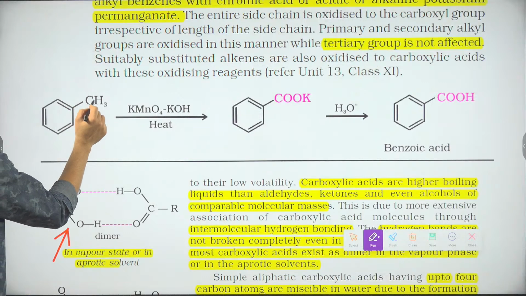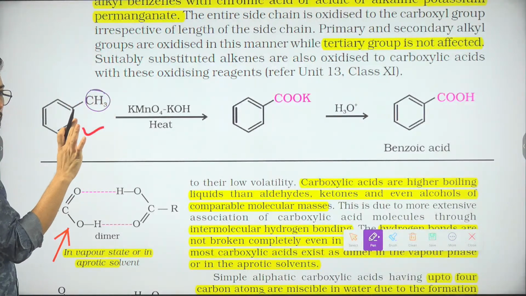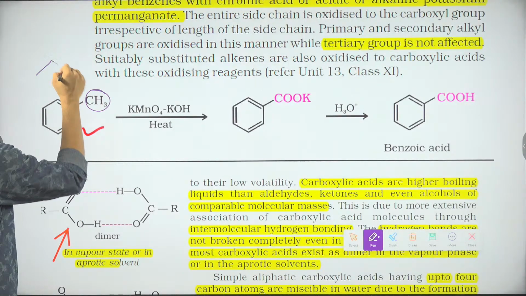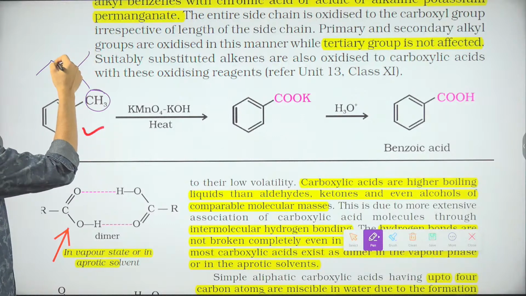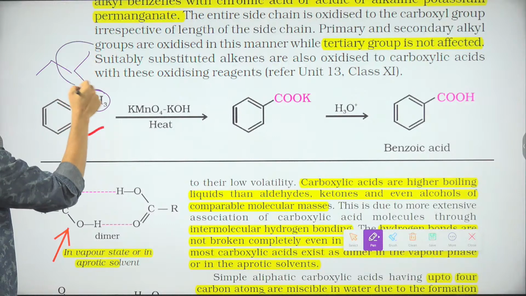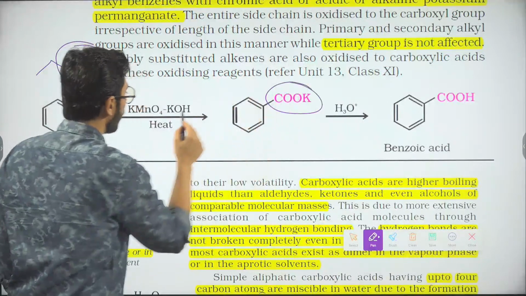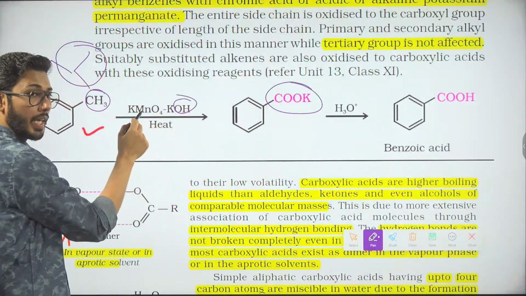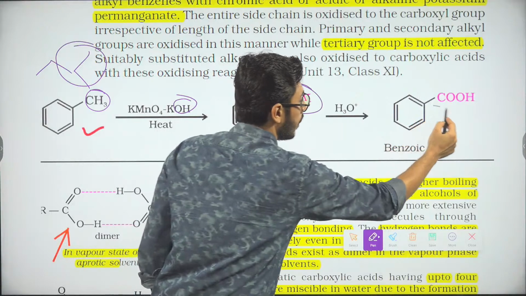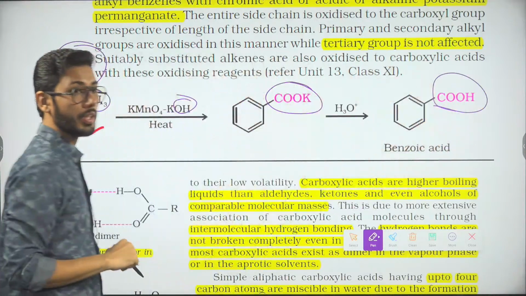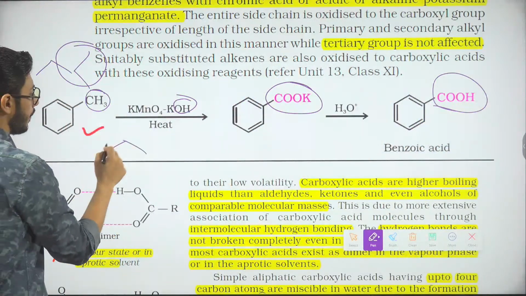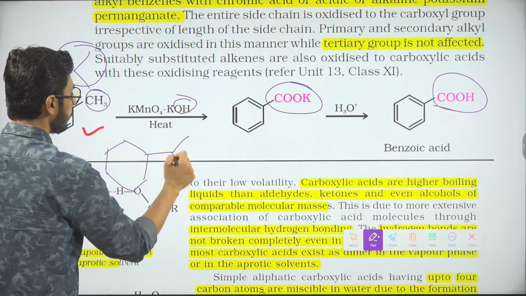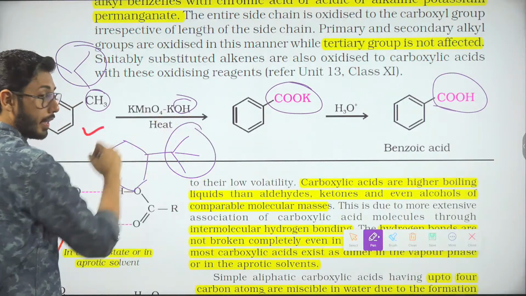Like here, this is methyl. If you take further CH2, CH3 like this, it is primary. It will be also finally converted to salt if it is alkaline medium. If it is directly acidic medium, final answer is all the side chain converted to COOH. But if it is taken with which alkyl group? Tertiary alkyl.